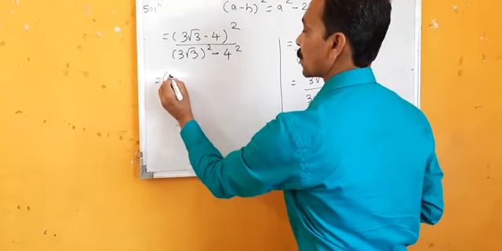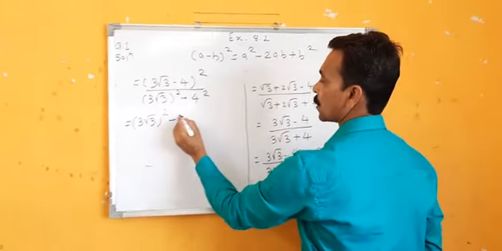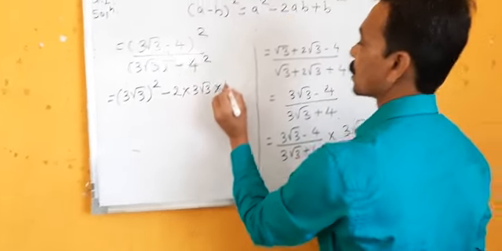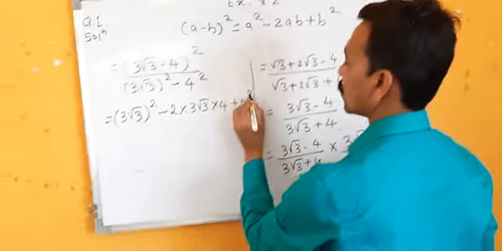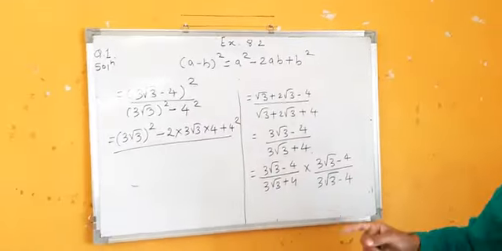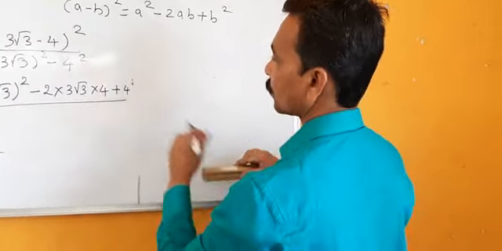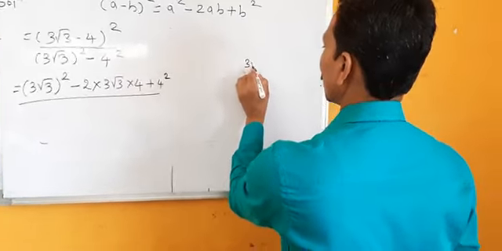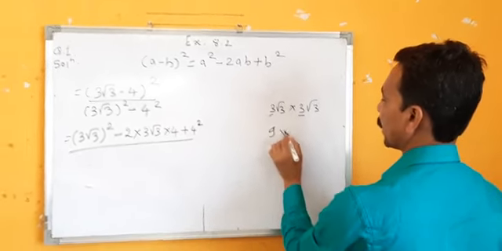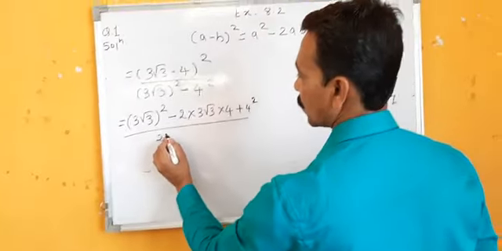So a square means 3 root 3 whole square, minus 2ab means 2 into 3 root 3 into 4, plus b square means 4 square. 3 root 3 square is how much? 3 root 3 into 3 root 3. 3 3's are 9. Root 3 into root 3 is 3. So it is 27.